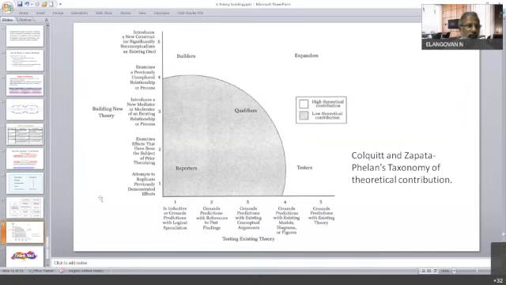Sir, at the PhD level, is testing allowed? Do they accept? Testing is allowed. It depends on the policy of the university. Testing it in a new context, you can do.